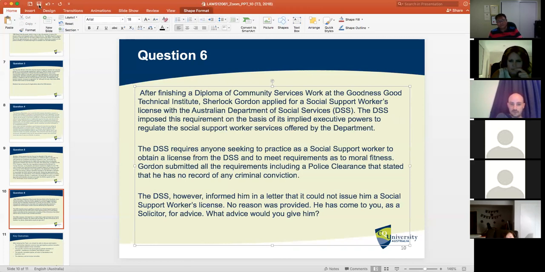The DSS requires anyone seeking to practice as a social support worker to obtain a licence from the DSS and to meet requirements as to moral fitness. Gordon submitted all the requirements, including a police clearance that stated he has no record of any criminal conviction. The DSS, however, informed him in a letter that it could not issue him a social support worker's licence. No reason was provided. He has come to you as a solicitor for advice. What advice would you give him?